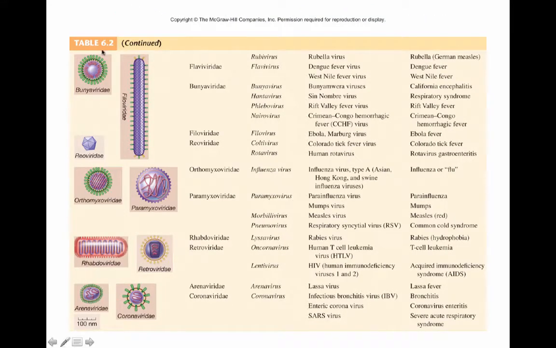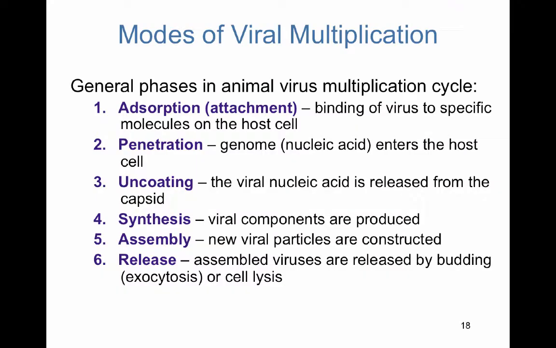So we'll be learning about all of these different viral families. Orthomyxoviridae, which consists of the influenza virus, swine influenza, rhabdo, so that contains rabies, coronavirus. So all of these we will be learning about the associated diseases, how to diagnose them, how to treat them towards the end of the semester.